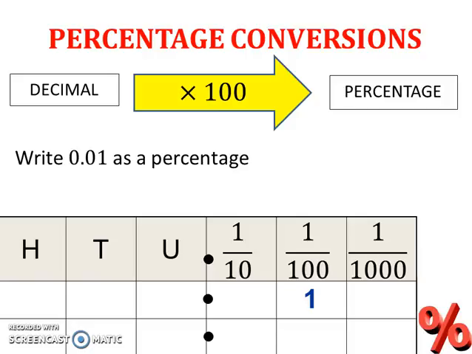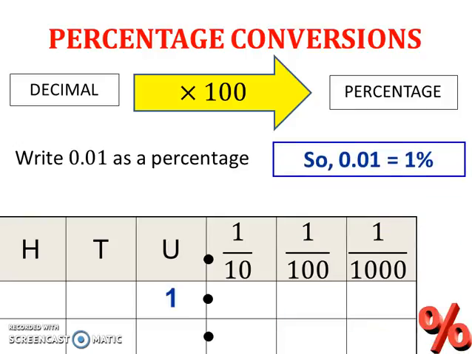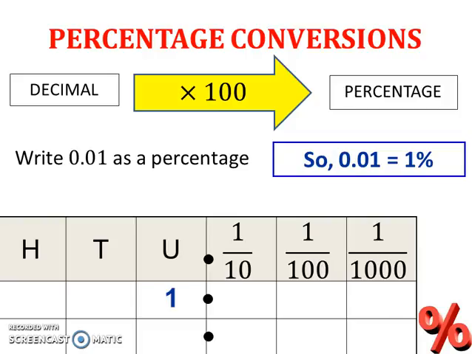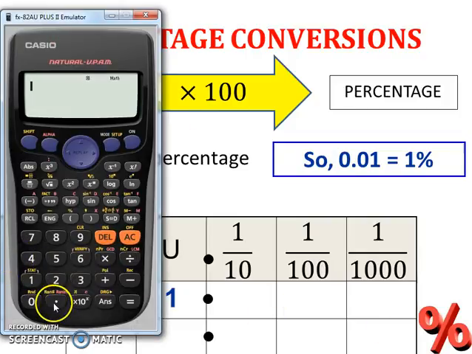The 1 is in the hundredths column. And then if I times it by 100, it goes over 2 places. So I get 1%. Basically, if you wanted to do any of your decimals into percentages, you can just put 0.01 and you just times it by 100, and you'll see you'll get your 1% there that way.